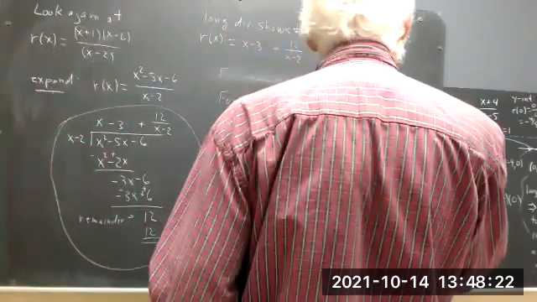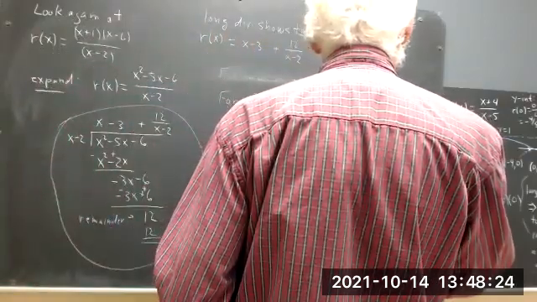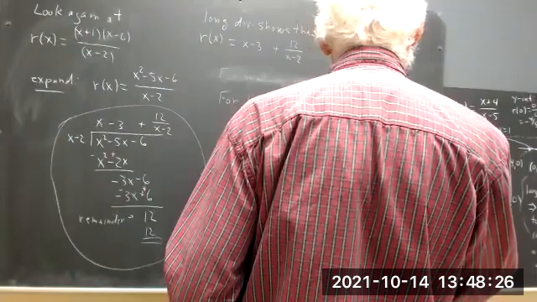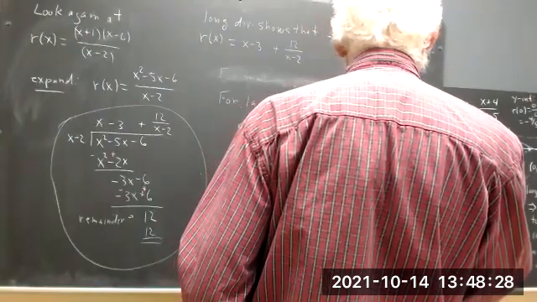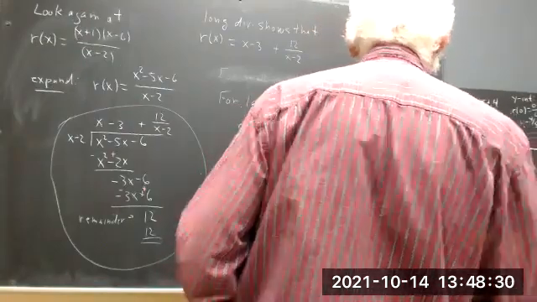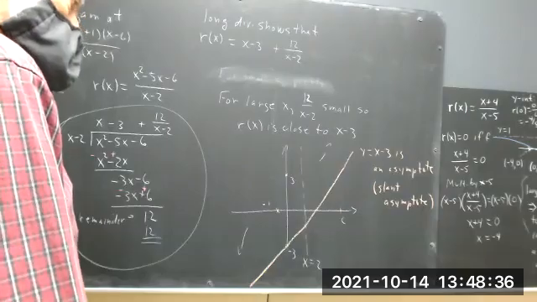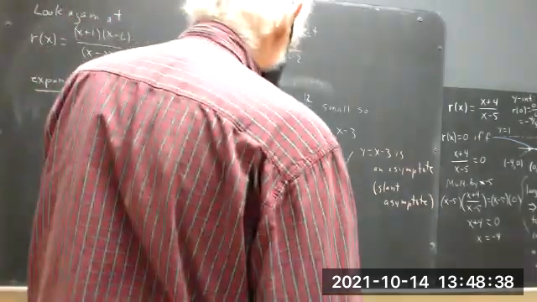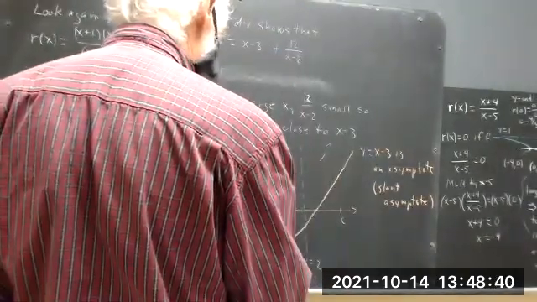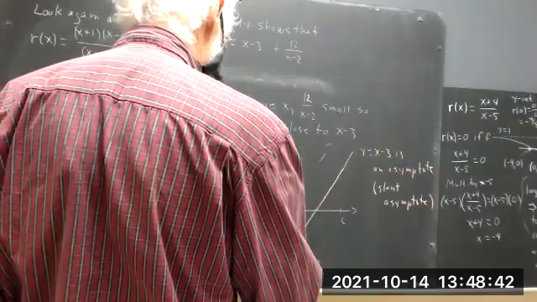We call it a slant asymptote. The graph will start negative, but it has to start along this asymptote.